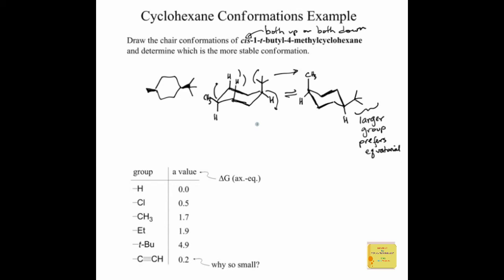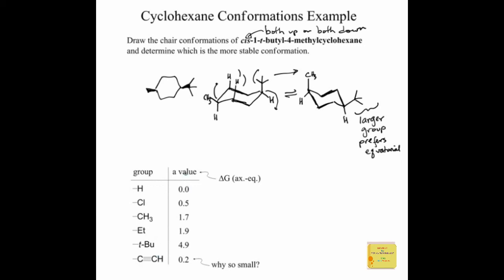And if you take a look at what a methyl group looks like compared to a tert-butyl group, a tert-butyl group is notorious for being a very, very bulky group. It has 3 methyls attached to a single carbon. So this would have a lot of steric hindrance, where a small methyl group wouldn't mind as much being in the axial position. And we can look at a variety of different substituents and see what their preference is for being in the axial versus equatorial position.